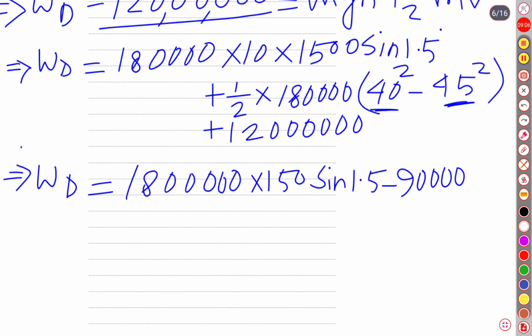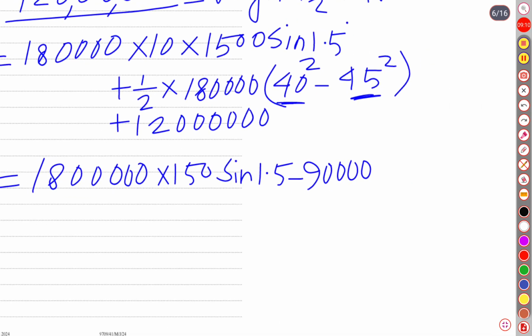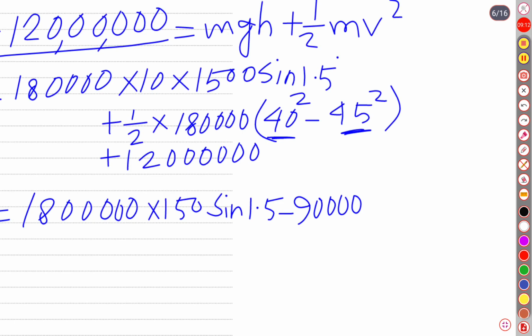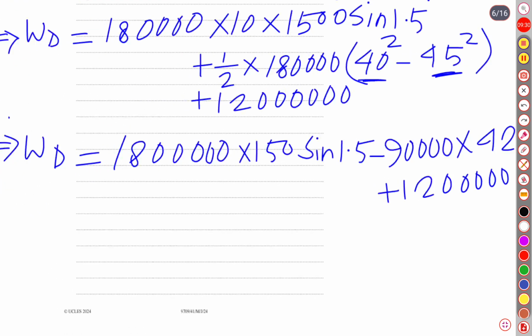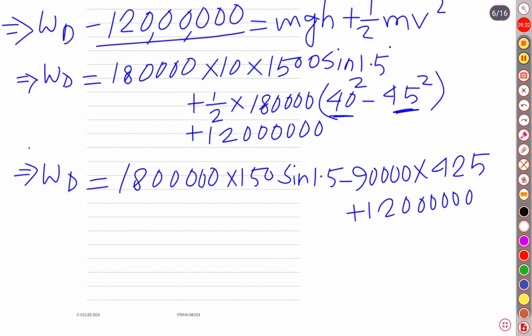40 square minus 45 square: 40 square means 1600, 45 square means 2025. So it is actually 425. After that, there comes plus 120,000. Well, let us calculate this.